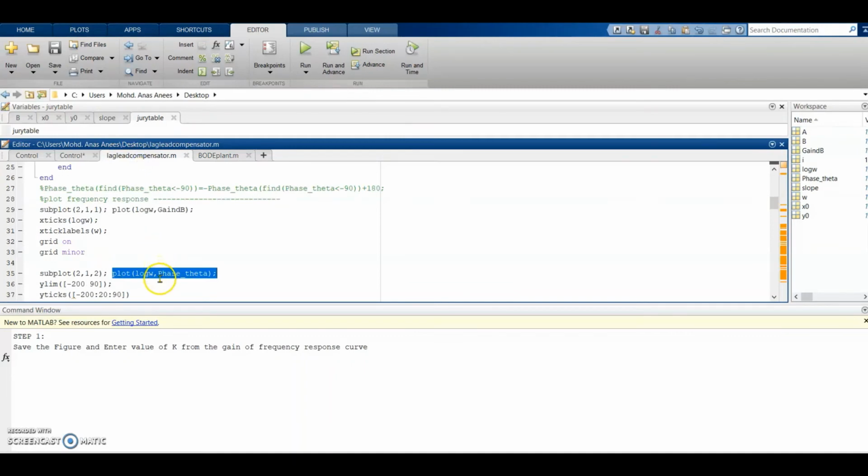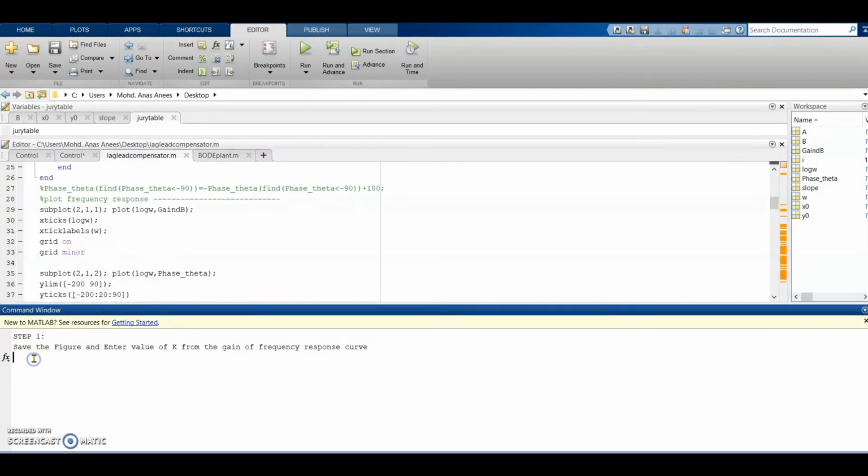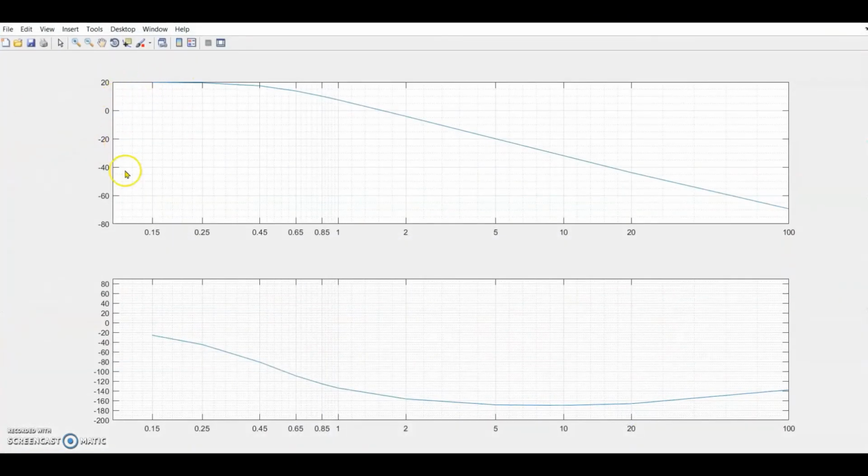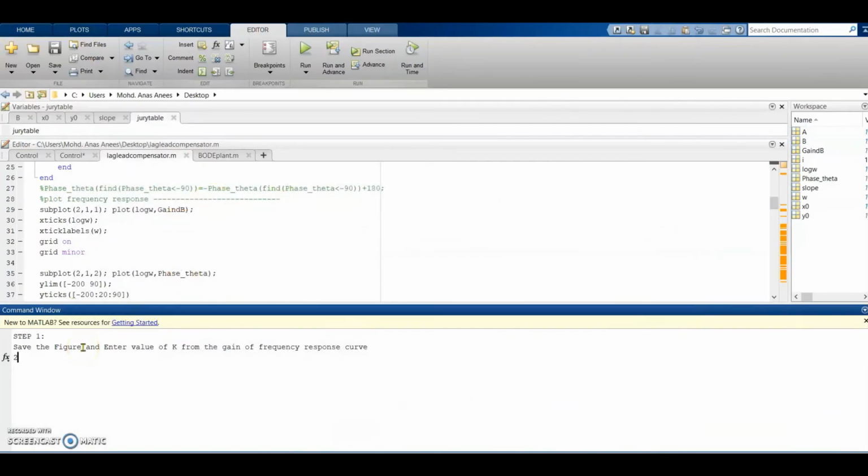So let's enter the value of gain. Here gain will be 20. When we draw the Bode plot, you must remember that for a type 0 system the Bode plot starts with the gain, that is, the line starts from 20. So I am writing down 20 here.